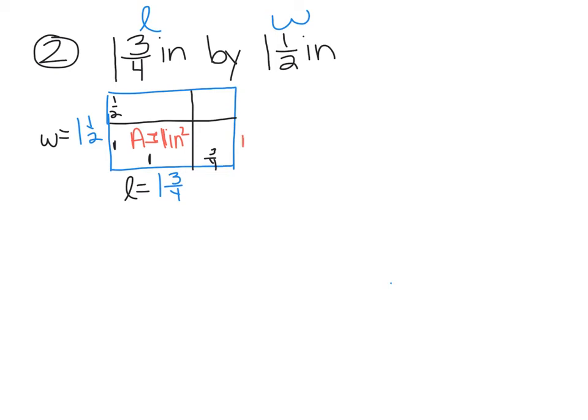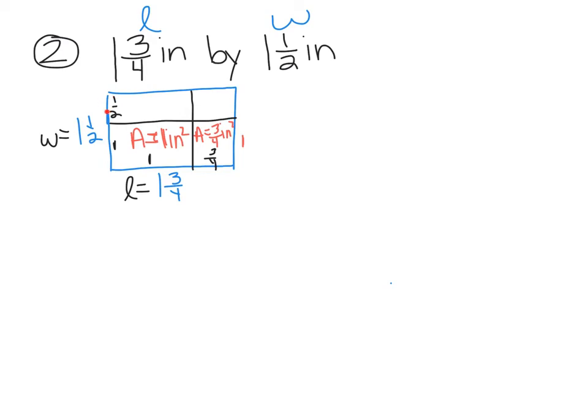So I could even draw the length on the side. So what's 1 times 3/4? Well, the area is equal to 3/4, because anything times 1 is itself. Inches squared.